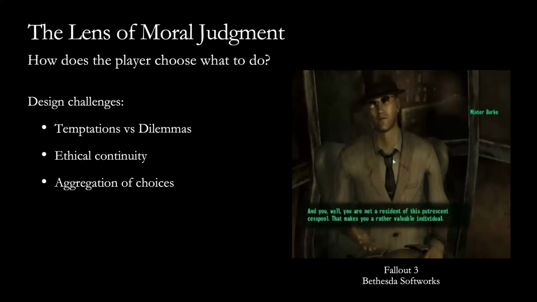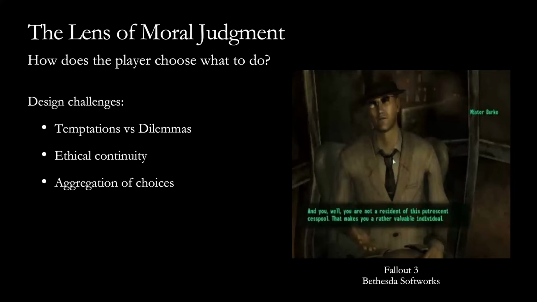That's a very obvious temptation, right? Clearly it's wrong to detonate an atom bomb in the middle of a populated town, but the game offers you a reward as a means of inducing you to do that. The trick with designing a good temptation like this is, first of all, to make the reward good enough to justify the horrible thing that you're doing. If you're not rewarding the player appropriately, then there's no incentive for them to be terrible.